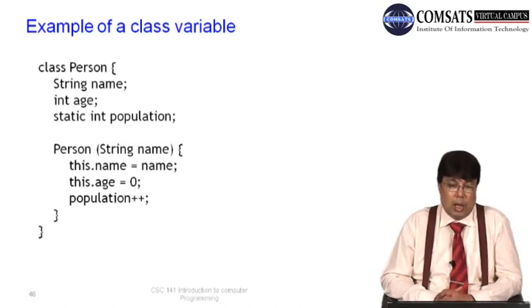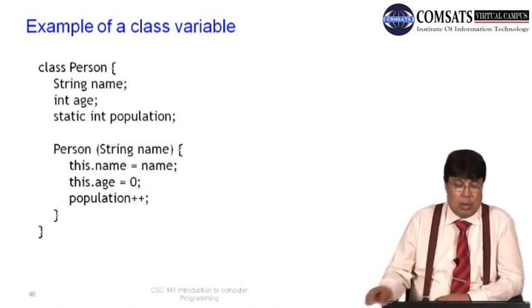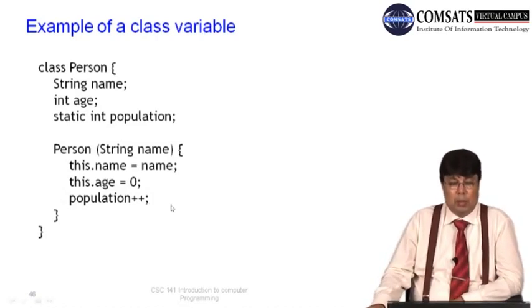Every time a person is born, you add 1 to the population. Then you use this person with the different methods. For example, you can call the constructor with string name that you need to provide. So you can say this dot name is equal to name, then this dot age is equal to 0 because I've just been born, and then you add 1 to the population.